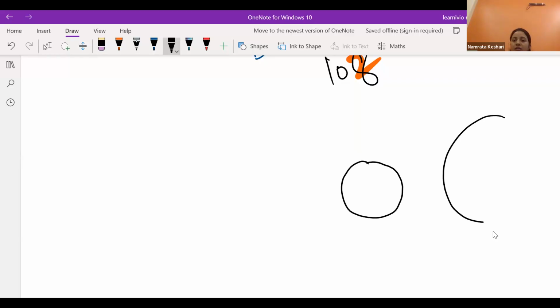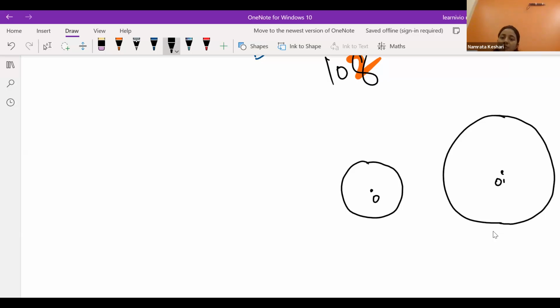and I am taking another circle. Now we are trying to compare whether these two circles are similar or not, because we can compare any shape. This chapter is talking about similarity of triangles, but we can think about similarity for any shape.